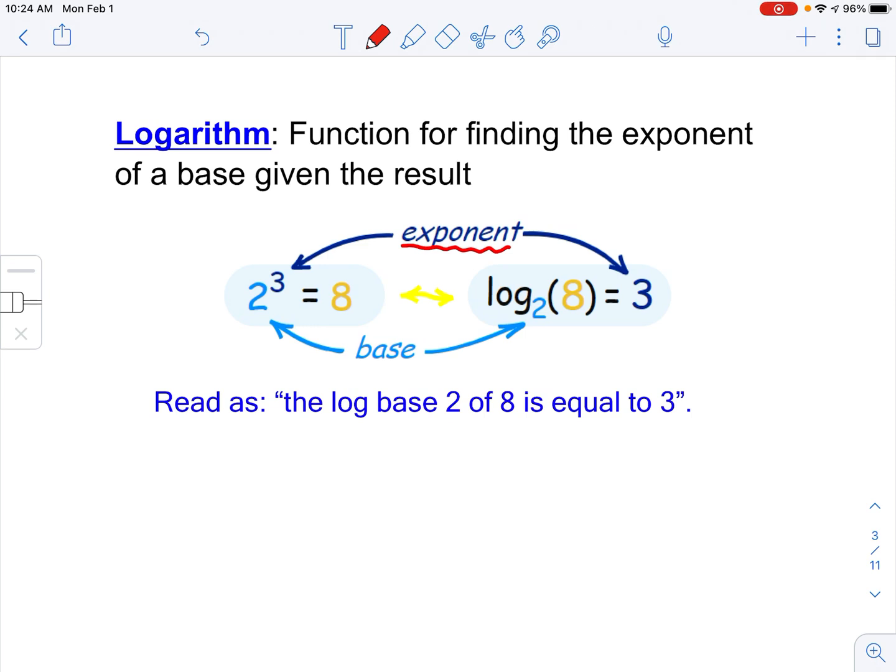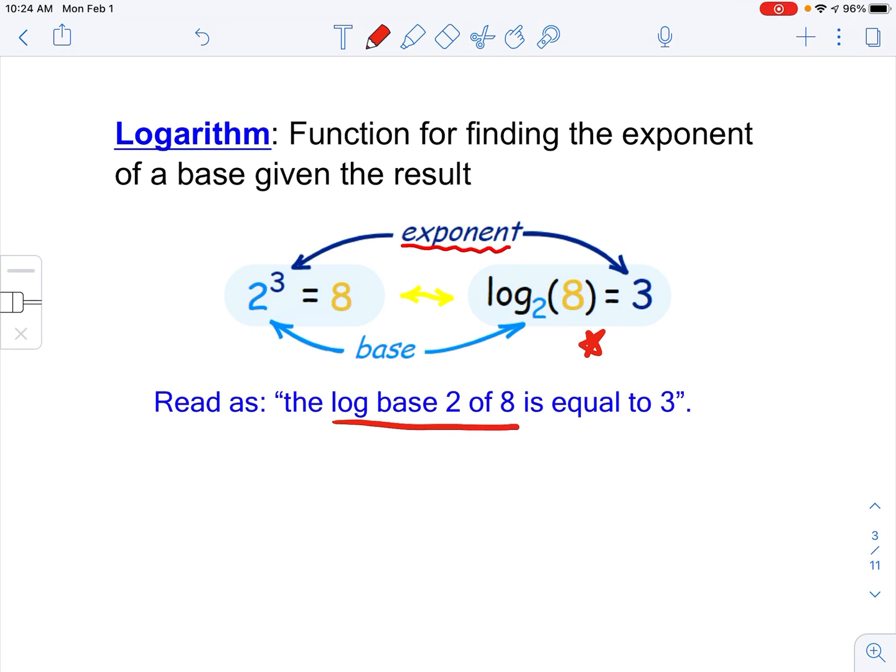So, log base 2 of 8 is how you would read this one on the left-hand side. What we could read this as is, well, what power of 2 gives me 8? Both of those ideas equal 3. So you do want to get used to using this vocabulary, right? Log base 2 of 8.